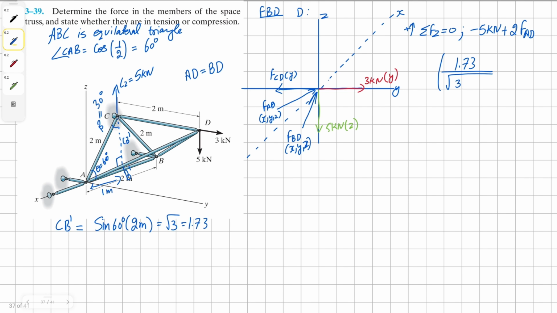Then we're going to have our x component, which is simply 1, and then our y component, which is going to be 4, all equals 0. Solving for AD, we get our solution as 4.08 kilonewton. And since we got our solution in positive, this means we assumed our vector direction correctly, and this tells us that AD and BD, both of them, are in compression.